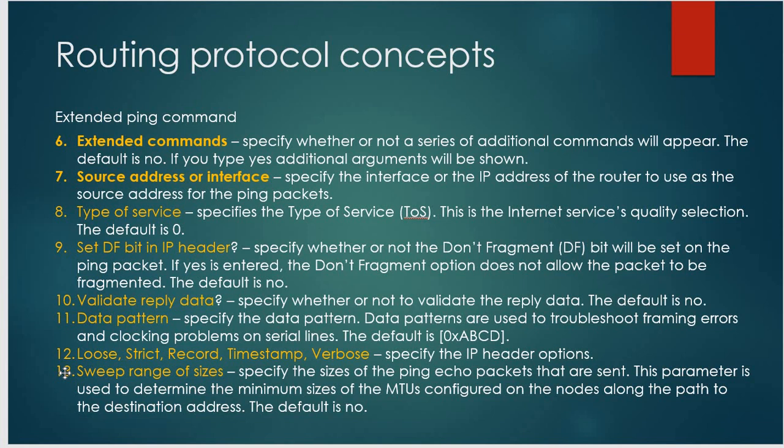Then let's move on to point number 9, set DF. This is the do not fragment bit in the IP header. I think you can recall the different types of IP header fields.